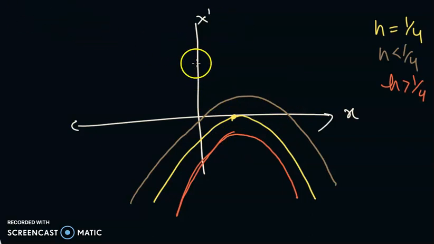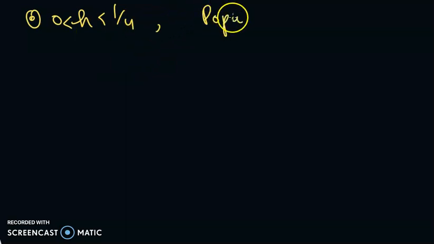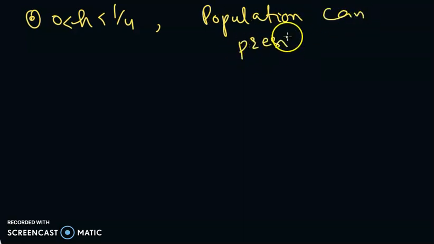So what is happening basically physically, or what is happening outside? When h is between 0 and 1 over 4, at this rate of harvesting, the population can persist, can survive despite the harvesting.